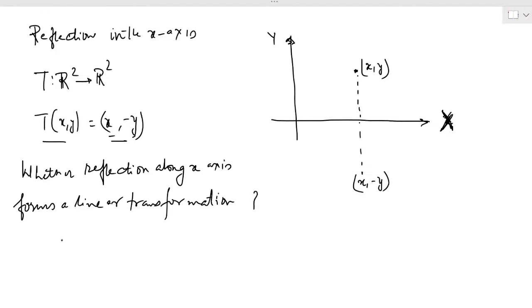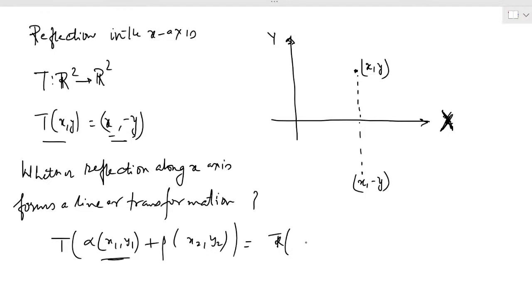See, let us take two points x1, y1 and x2, y2. So I'm going to write directly. Let us take the combination alpha times x1, y1 plus beta times x2, y2. See what it is going to return me. I will simply write T. T of this is alpha x1 plus beta x2, comma, alpha y1 plus beta y2.